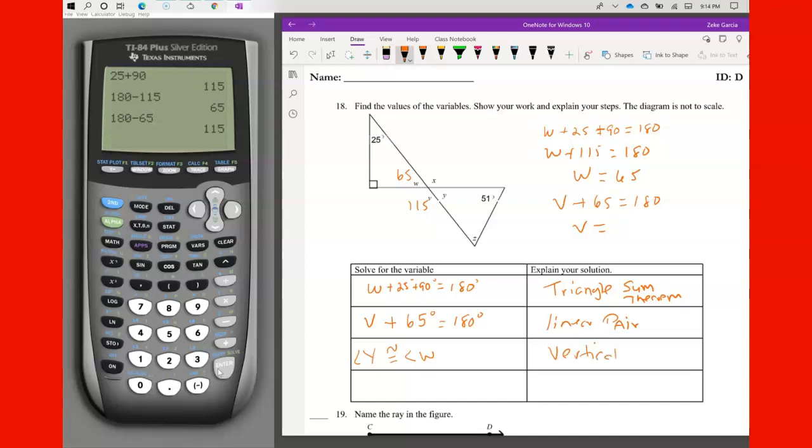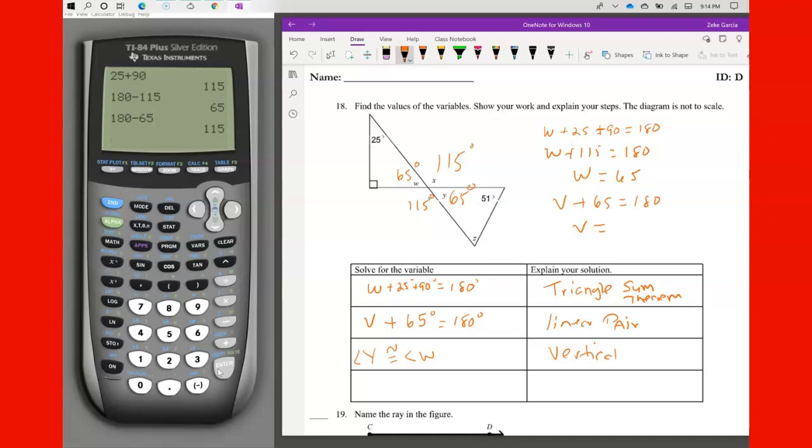And we know that vertical angles are congruent, so this has to automatically be 65, and we know that angle X and angle V are also vertical angles, so that's 115, and I'm missing the degree mark, so there's the degree mark, okay? So we know those are all vertical angles.